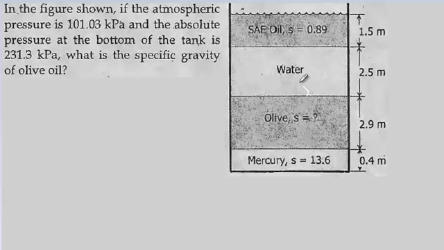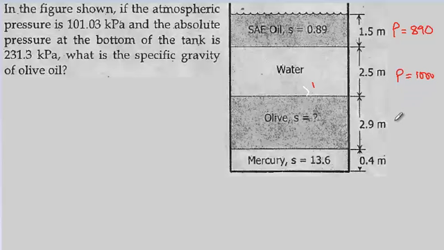So if S is known to be 0.89, we know the density, rho of the SAE oil, is 890, because you just multiply that. Rho of water is 1,000.